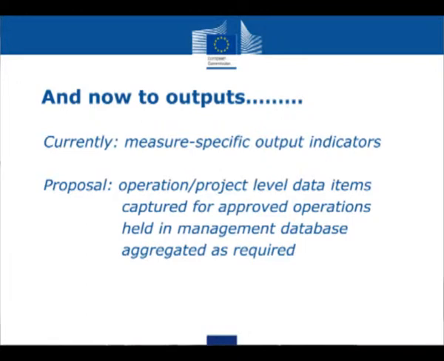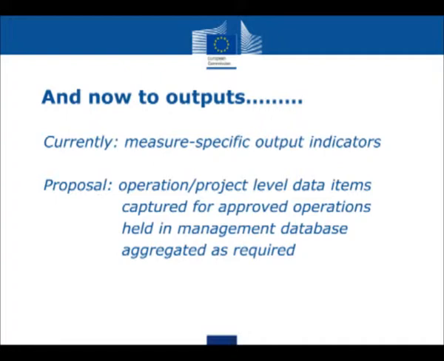What we're proposing for the future, and we think this really should be quite a significant simplification, is to work on the basis of data items collected at the level of the operation, the particular project or individual operation in the application form, captured as they are approved and held in the management database. And a lot of these items are things that you need for the management of the program anyway, that you will already be capturing.